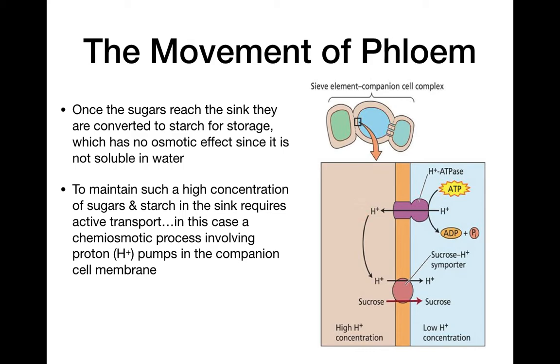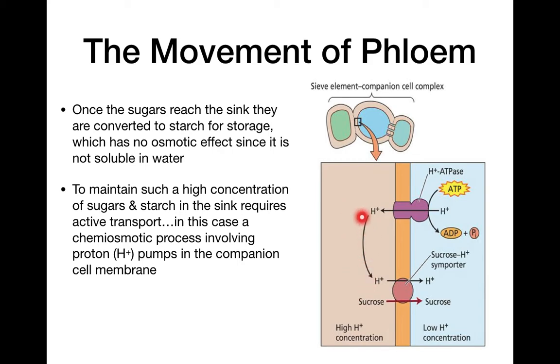Then the sucrose and the proton together can move through one protein channel back inside. This is the energy form that's taking the sugar in against the concentration gradient. We're making it really high concentration inside the sink and low concentration outside.